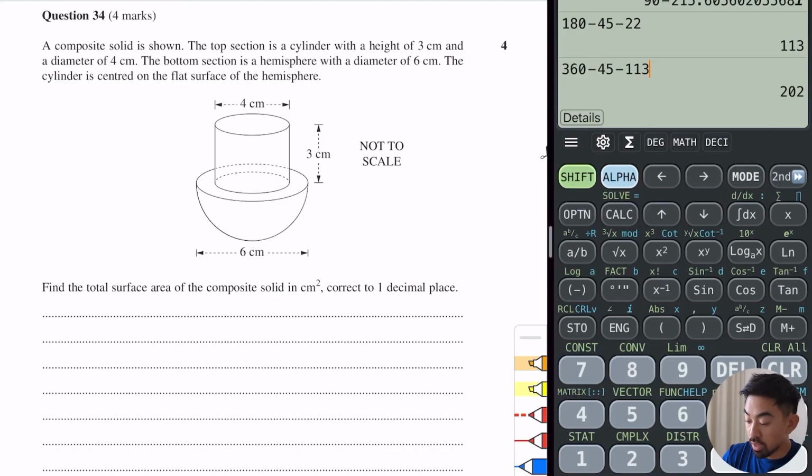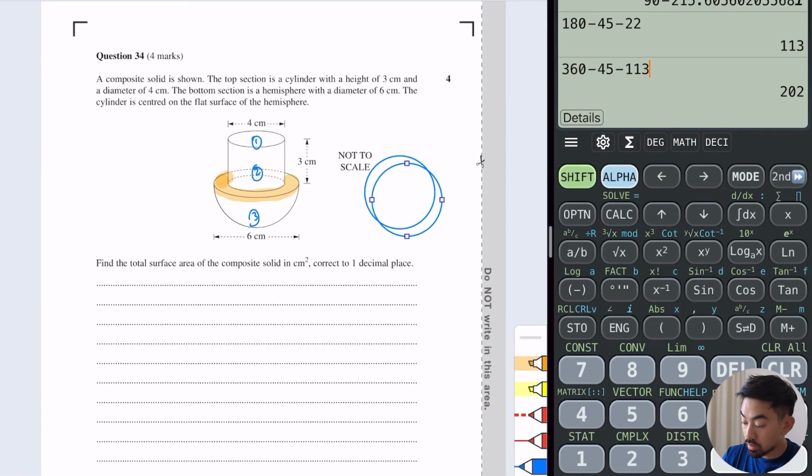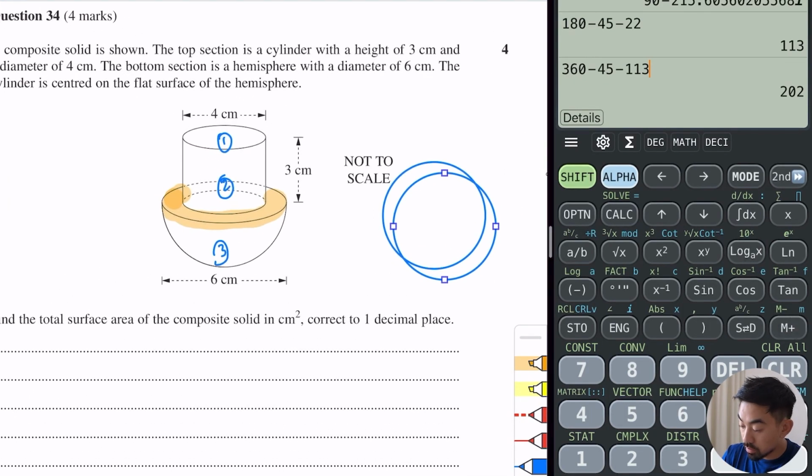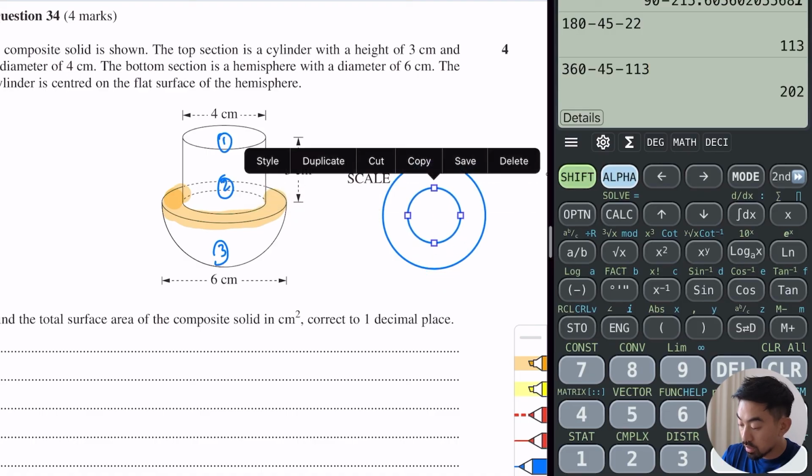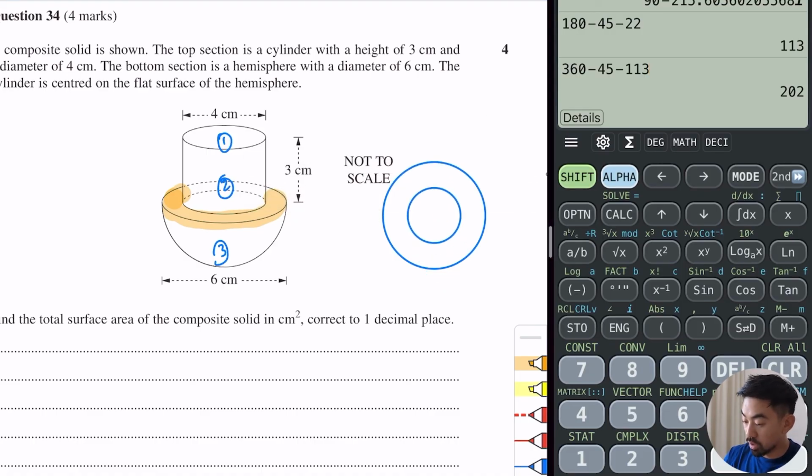So I can see I've got one circle here that I'll call 1. I can see I've got the wraparound on the cylinder, which I'll call 2. I've got half a sphere, which I'll call 3. And this little bit here, that little donut shape there, if I draw out the bird's eye, what would it look like? So if I draw the bird's eye, this is what it would look like from the top.